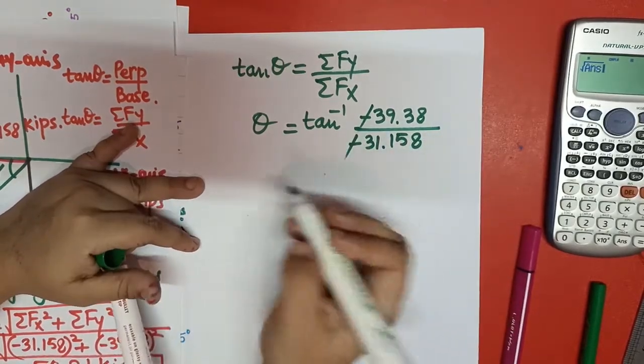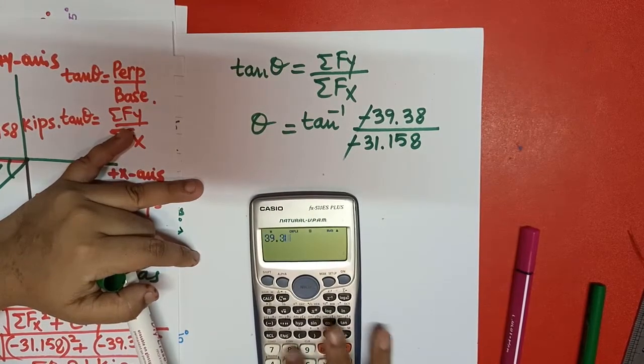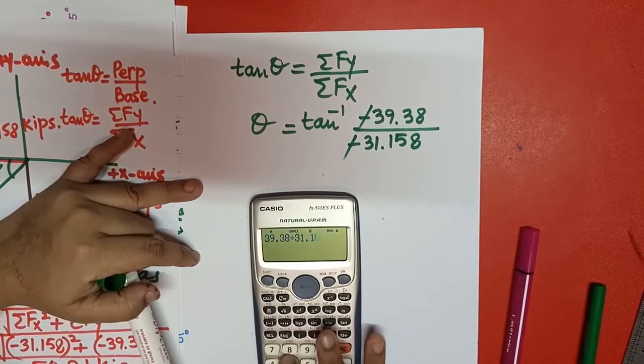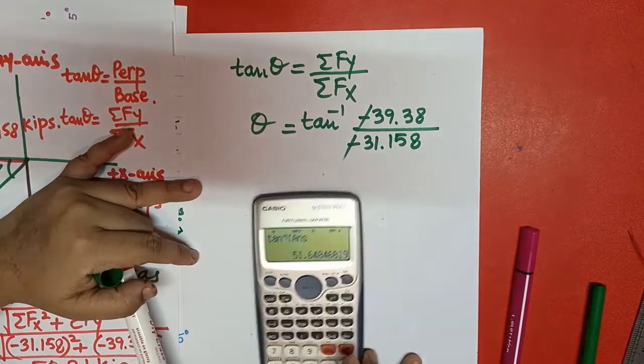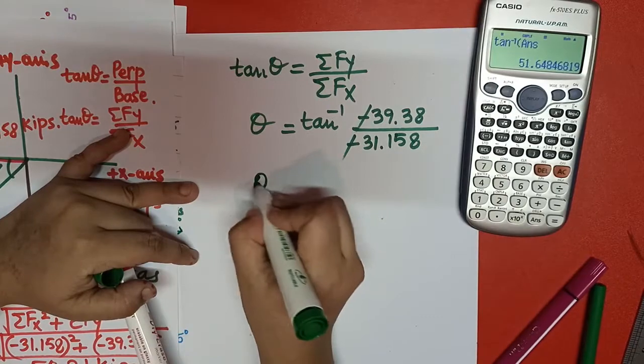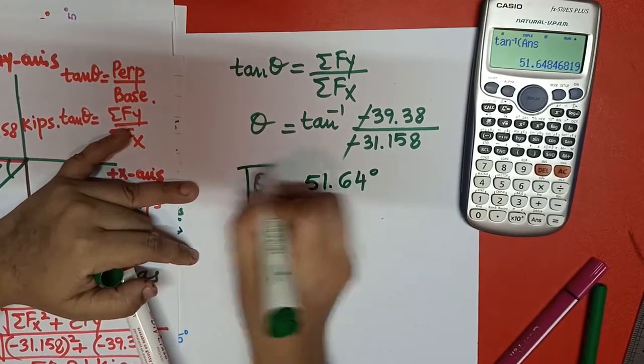So you have to cancel the minus, and I am doing the division and taking tan inverse of the answer, and this is 51.64. So see, theta comes out to be 51.64 degrees.